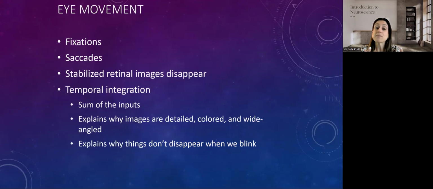This is known as temporal integration. Temporal integration of retinal images explains why our visual images are very detailed, colored, and maybe wide angle, despite the very small size of our fovea. It also explains why things don't disappear when we blink.